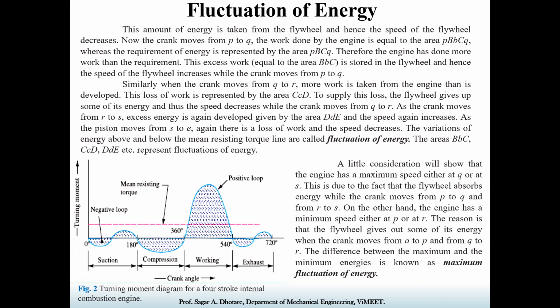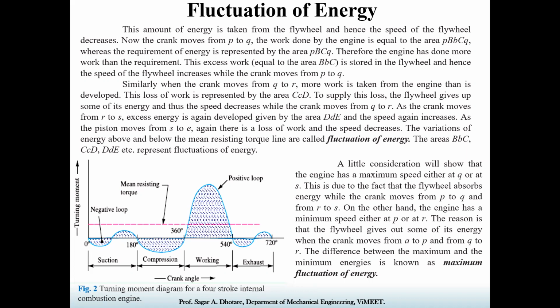Similarly, when the crank moves from Q to R, more work is demanded from the engine than is developed. The loss of work is represented by the area CCD. To supply this loss, the flywheel gives up some of its energy to the crank, so the speed changes.